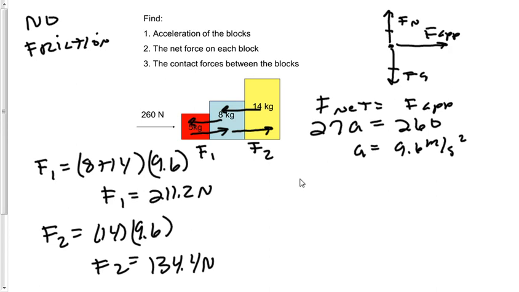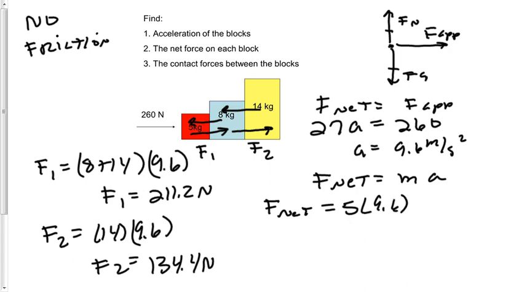Now what about the net forces? Well, we know net force is equal to the observed mass times acceleration for any object. So we know all of their masses and we know all of their accelerations. So the force net for the 5 kilogram block would be equal to 5 times 9.6, which equals 48 newtons.